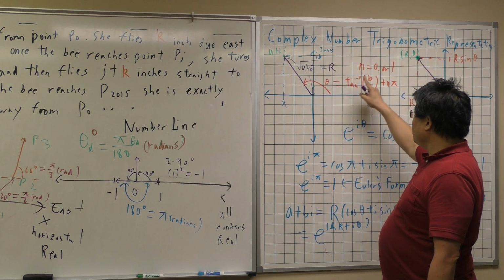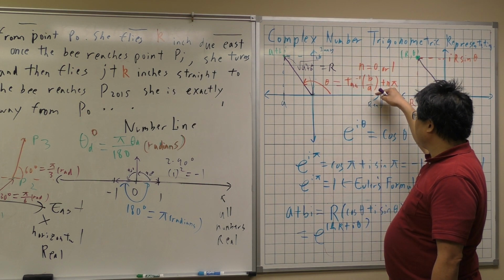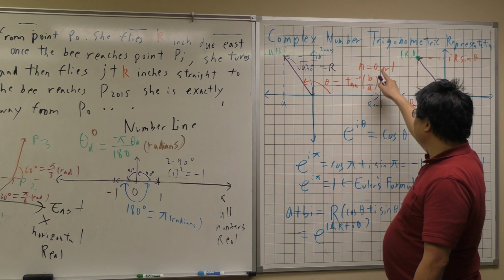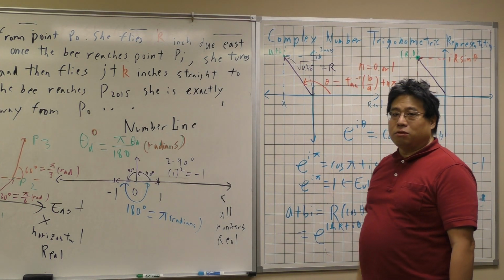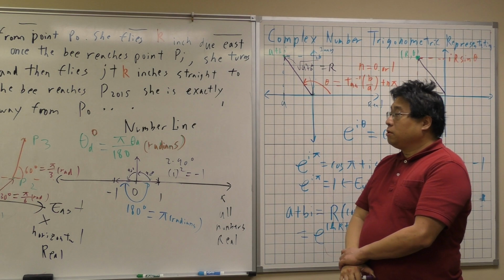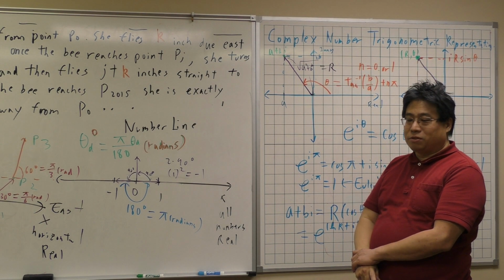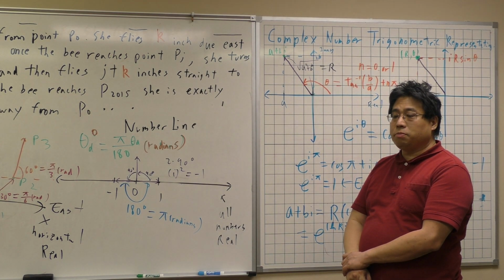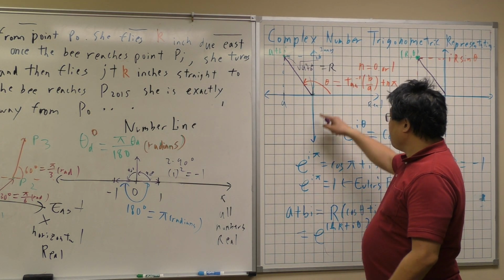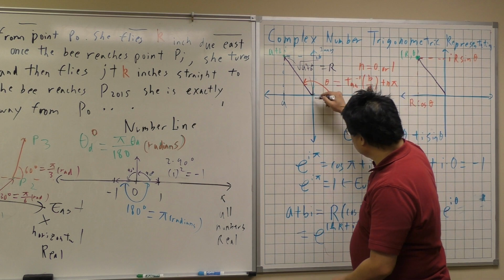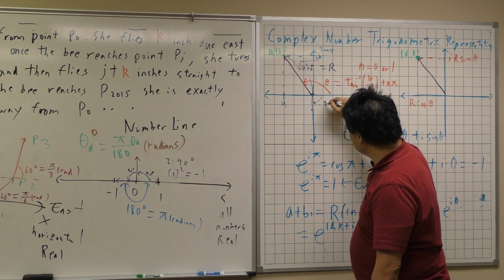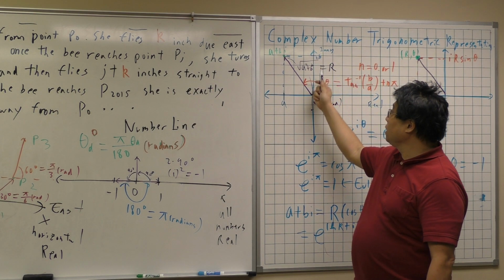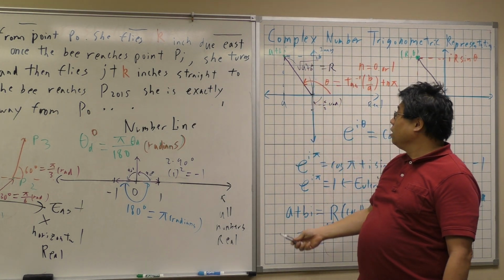It is inverse tangent of b over a, and then you have this little n pi part where n is either 0 or 1. The reason is, if you remember from trigonometry again, inverse tangent can only give you a value that's between minus pi over 2 radians, which is this direction, to pi over 2 radians, which is totally up.